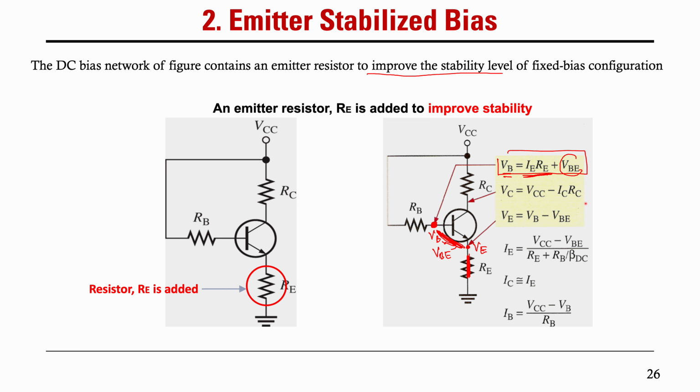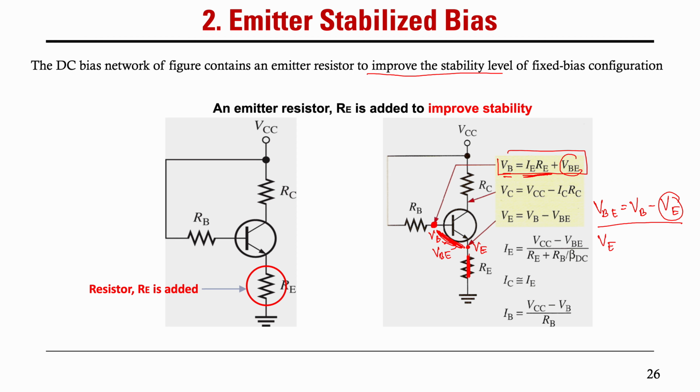Remember from our earlier fixed bias configuration, VBE is equal to VB minus VE. So how do we find VE?